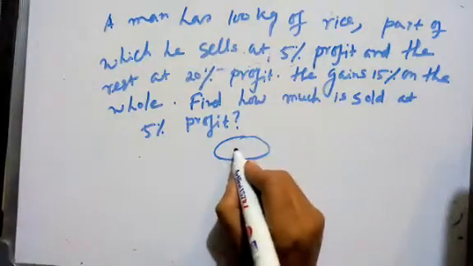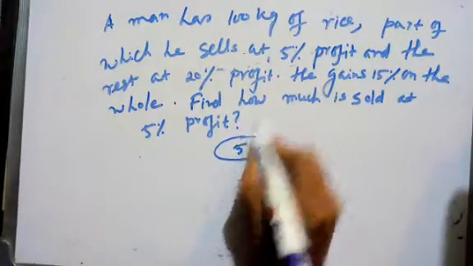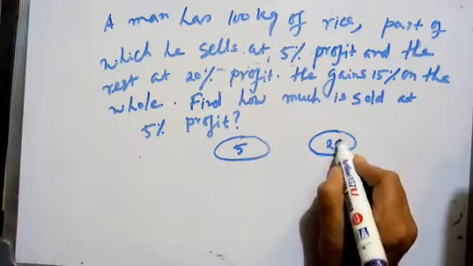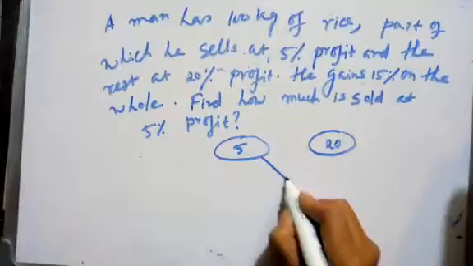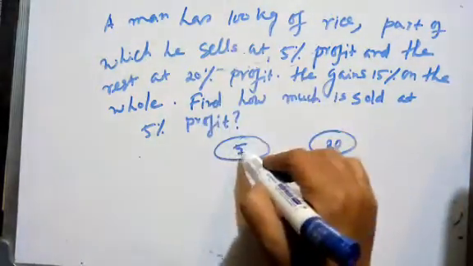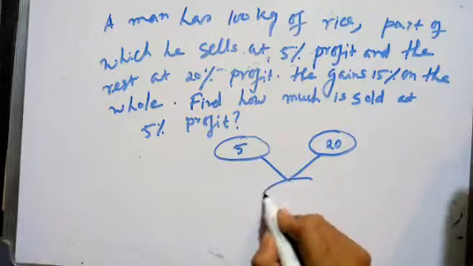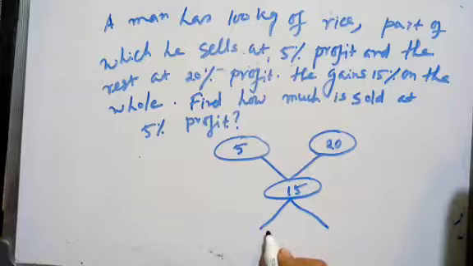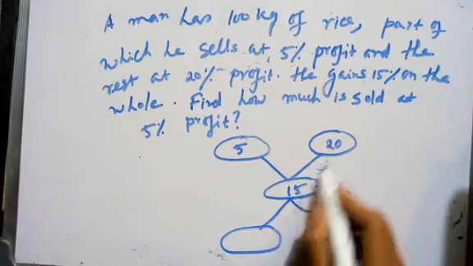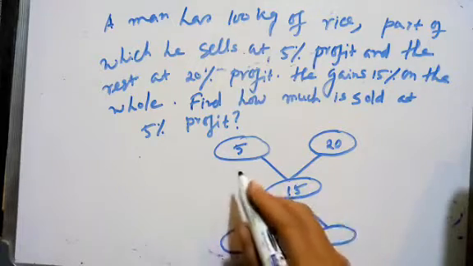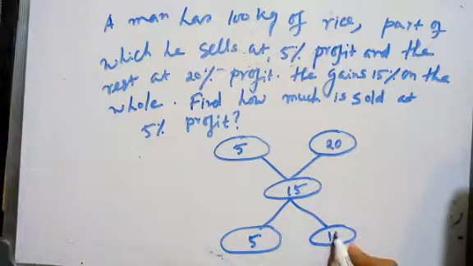First the low cost, that means 5, second the high cost 20, and the mixed, because he gained 15% on the whole, that means 15. The outcomes are 20 minus 15, that means 5, and 15 minus 5, that means 10.